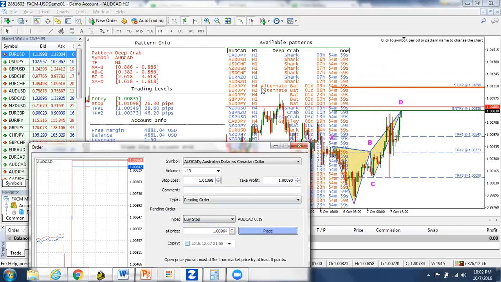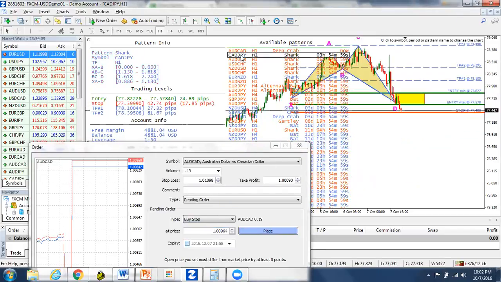Okay, now let's say on this one, you want to do a buy stop. You could put a buy stop here or here, either one. You want the market to go up, trigger your trade, and continue to go up. That is how the stops work.